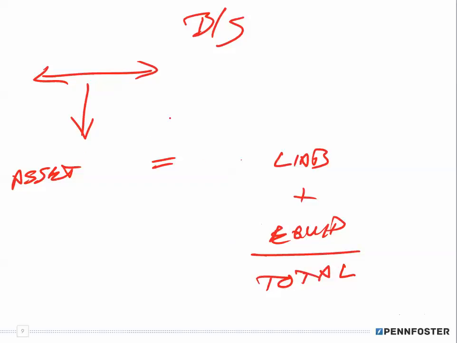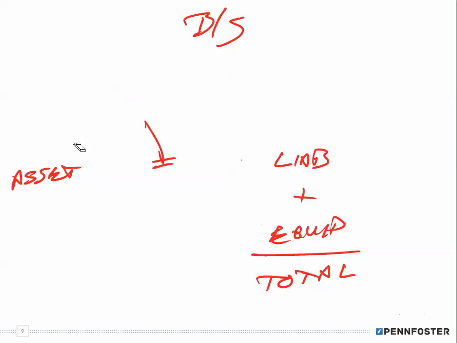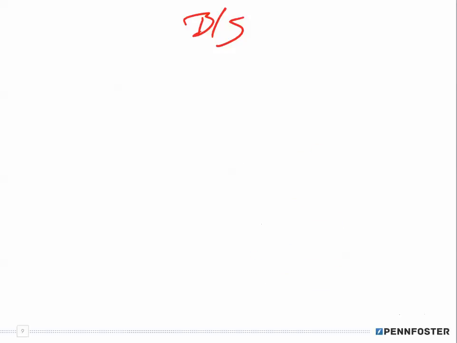So this horizontal format is easier to remember because of the accounting equation: assets equal liabilities plus equity. When you picture it in your mind, it's easier to remember this way. However, if you have a lot of information like you do with this balance sheet, it generally is easier to go straight down the page.